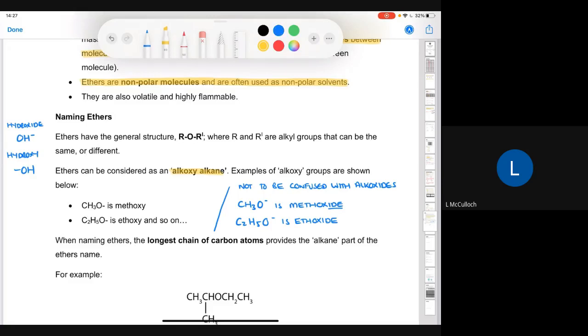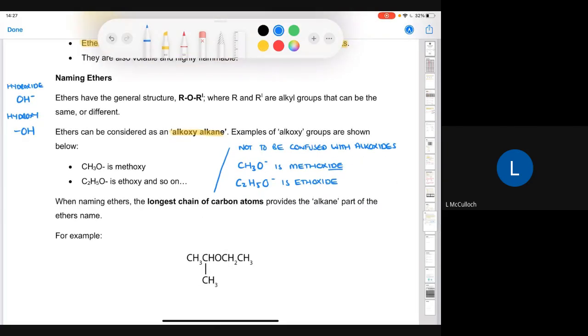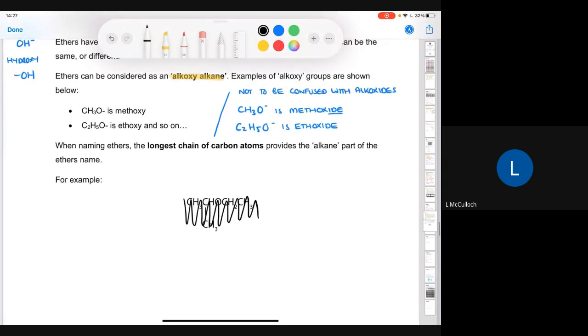So when naming ethers, the longest chain of carbon atoms provides the alkane part of the ether's name. Now, the example that I've put in here is actually not a good example for our first one. So we're going to draw in a simpler one, and then we'll look at how to do this slightly more complicated one in a moment.